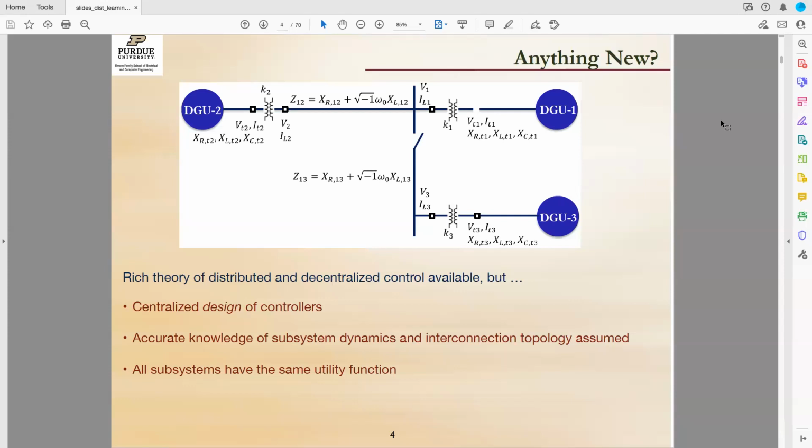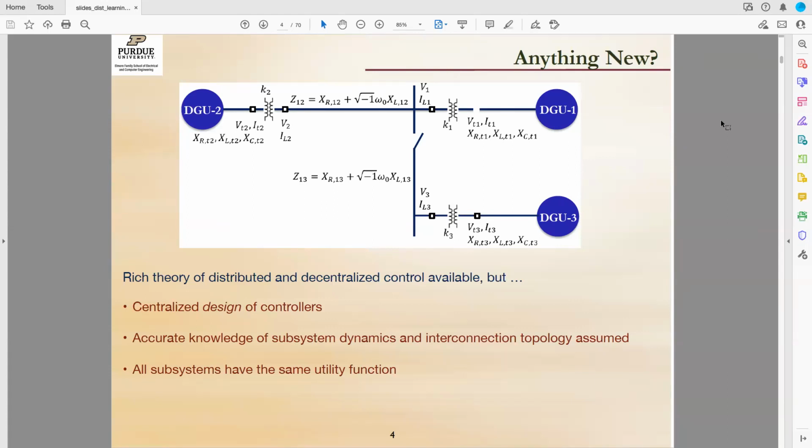The design of the controller is still done by a centralized agent who has accurate knowledge of all the dynamics and interconnection topology, and who can rest assured that all the subsystems are cooperative, are not trying to be strategic and optimize some local cost function. They will follow whatever I tell them to follow.